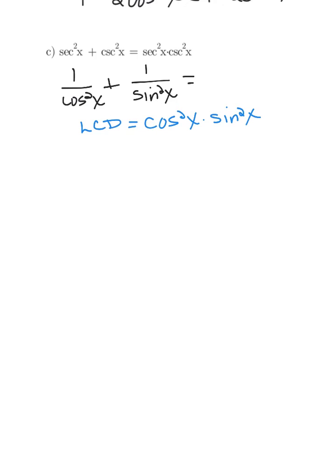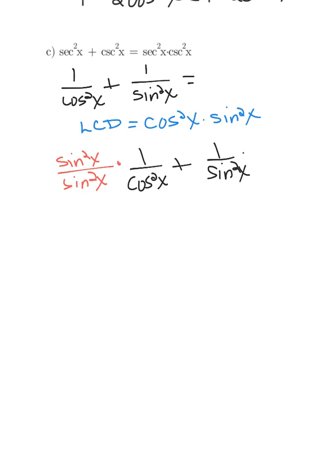What that means for the first fraction is that we need to take it times sine squared of x, top and bottom, and then for our second fraction, we need to take it times cosine squared of x, because that's the part of the denominator that's missing.